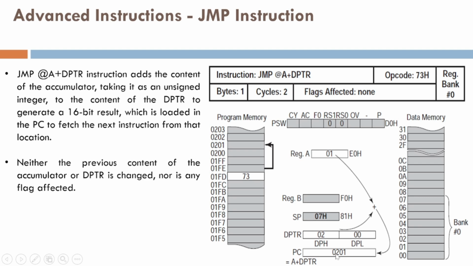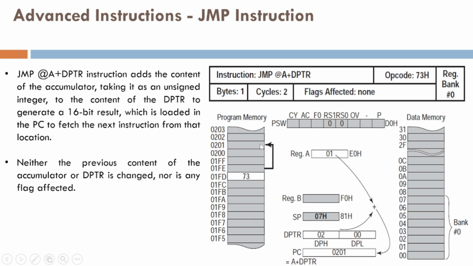So 0201 is loaded into the program counter. The program counter content is because of the addition of the accumulator content and the DPTR, that is the data pointer content, and it forms the next address and points to this particular location.